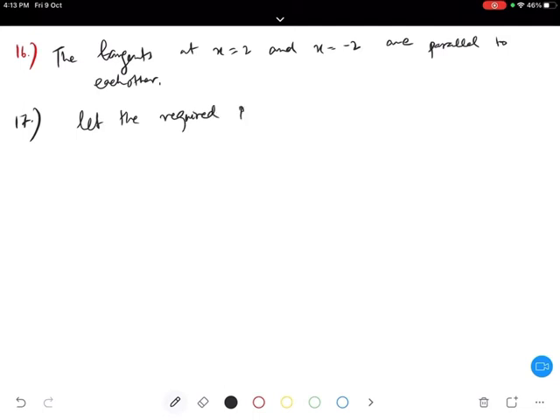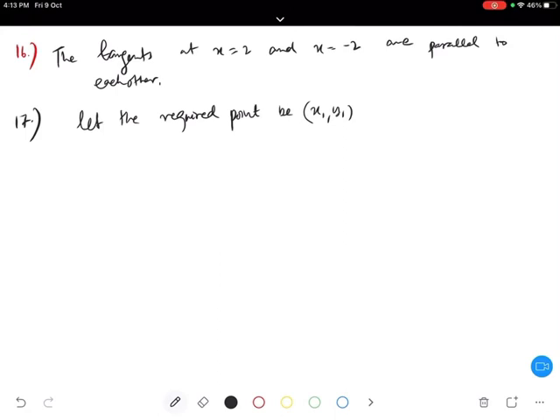Now I will go to the curve. The curve is given by y is equal to x cube. In order to find the relation, I need to find the slope of the tangent. So how to find the slope of the tangent? I will just differentiate with respect to x. So you get dy/dx is equal to 3x squared.